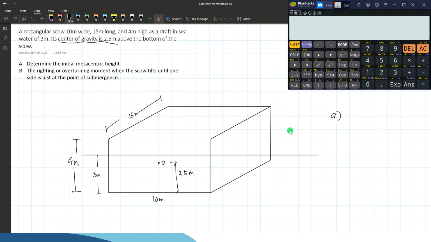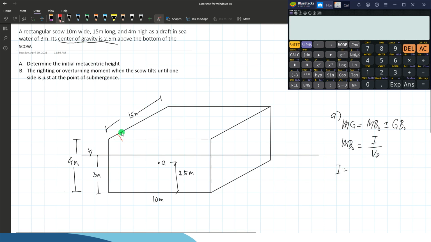So for letter A, we have MG equals MBO plus or minus GBO. So determine first MBO. For the initial metacentric height, MBO is I over the volume displaced. Again, this is your seawater surface. I is the moment of inertia.